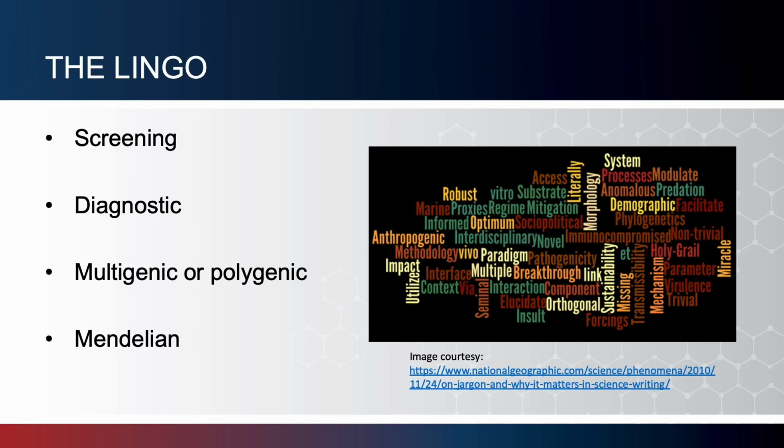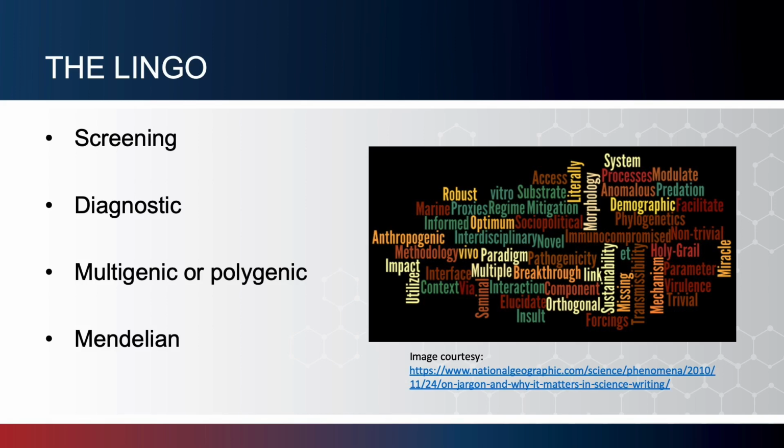And then there is multigenic versus Mendelian. Some people call multigenic polygenic. So multigenic or polygenic health disorders are caused by common genetic changes across many different genes, whereas Mendelian genetic disorders are caused by changes in a single gene. The classic example of this is cystic fibrosis.